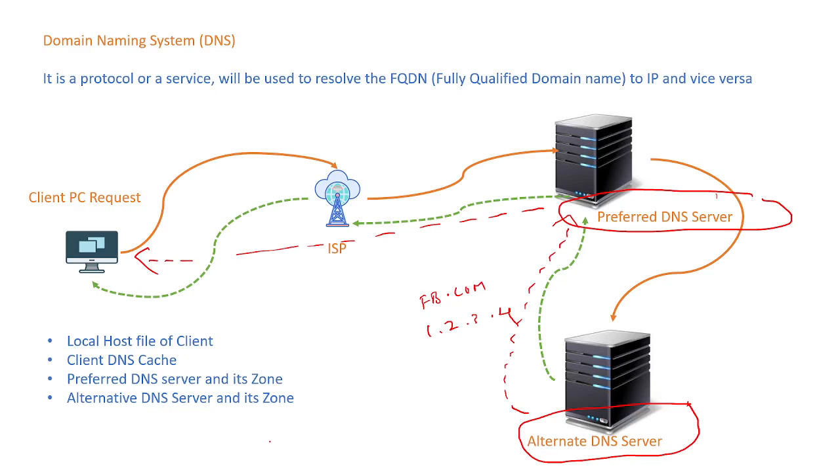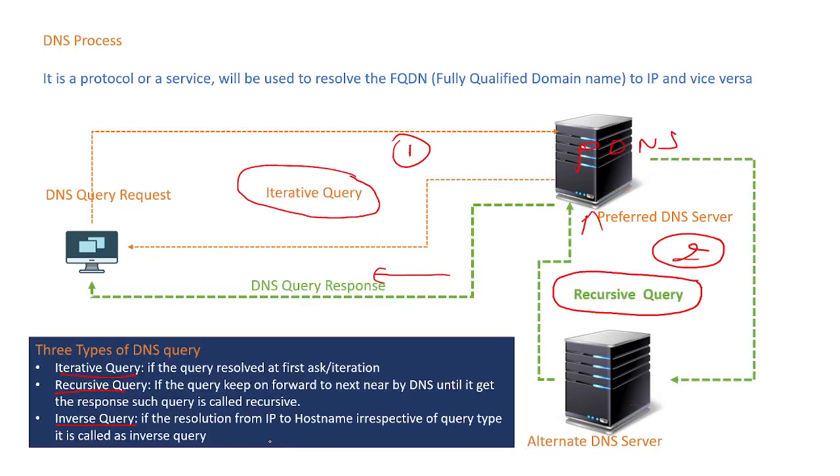If the record is available, it will give us a response. If no record is found, then the query will keep on forwarding to the alternate DNS server. The queries keep on forwarding till it gets the better result. Then there are three types of queries. One is iterative, another is recursive, another one is inverse.